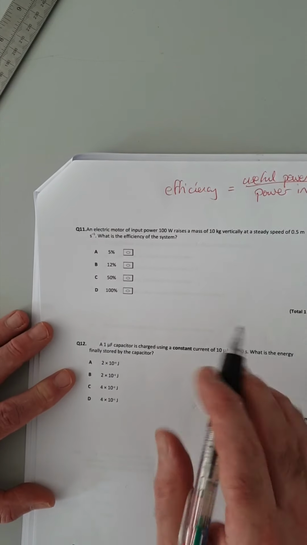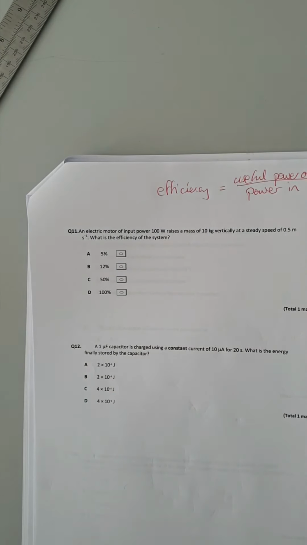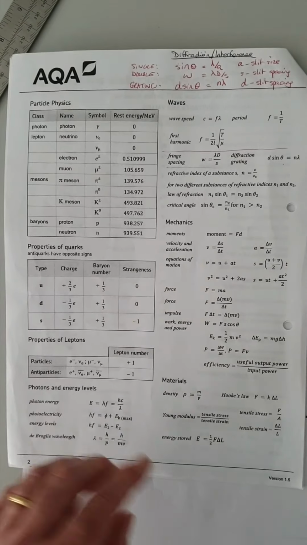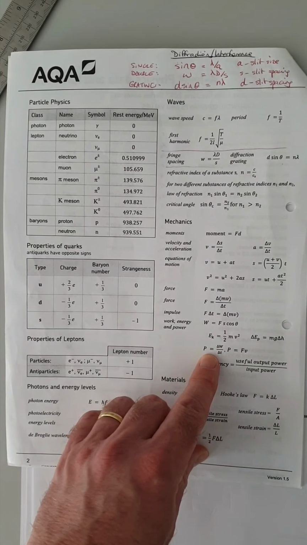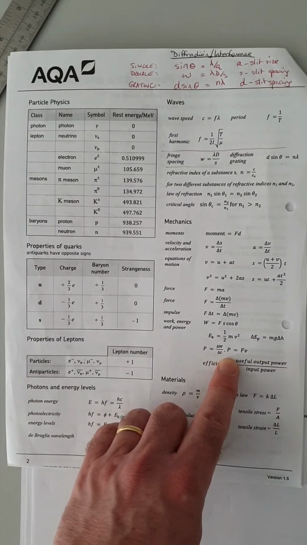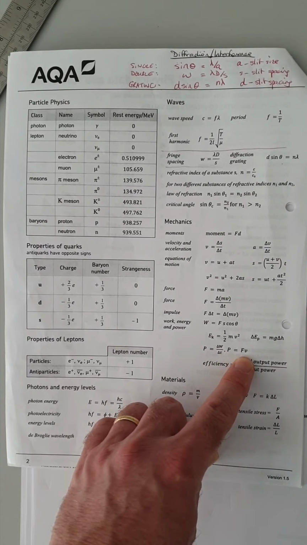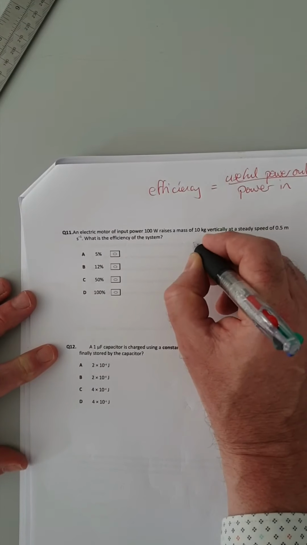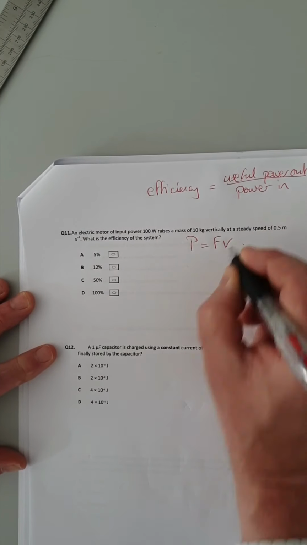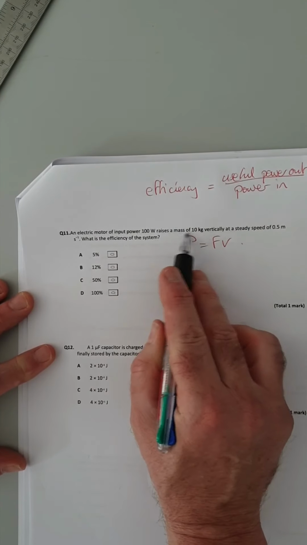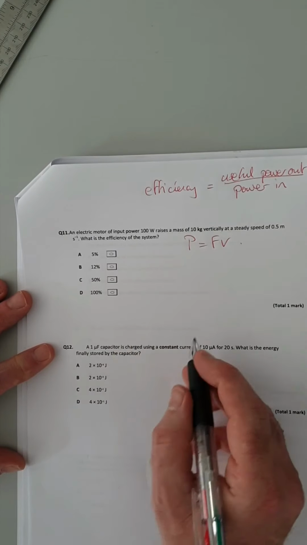Well, we know, and it's given to us in the equation sheet, that work done equals force times distance, but also moreover, power is equal to force times velocity. What's the force? Well, the force is going to be equal to the weight.